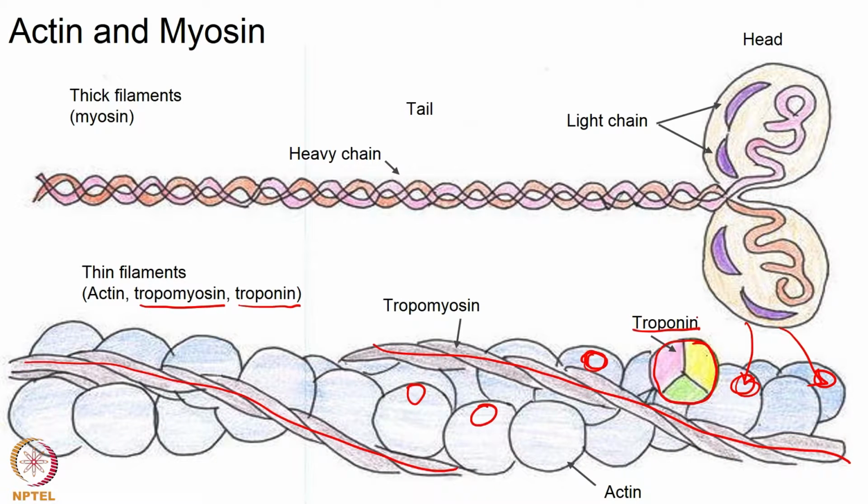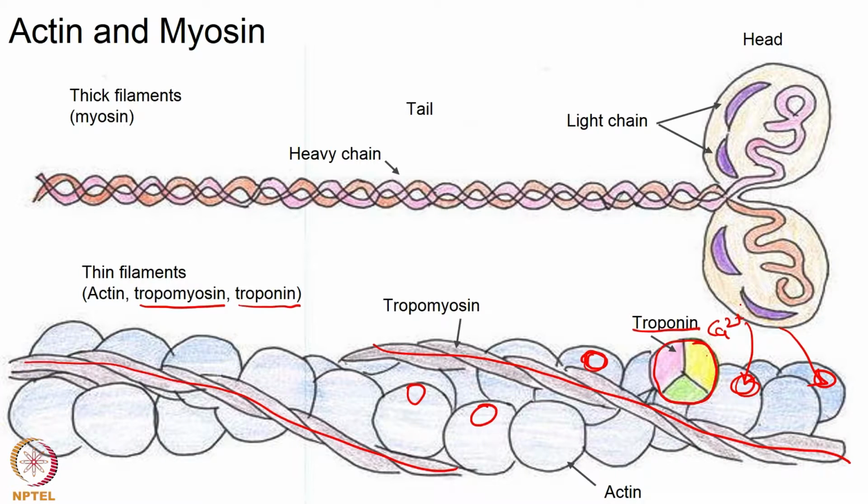This troponin has a special property: whenever troponin attaches to calcium, it undergoes a conformational change. So, it changes shape in such a way that it slightly moves the tropomyosin.